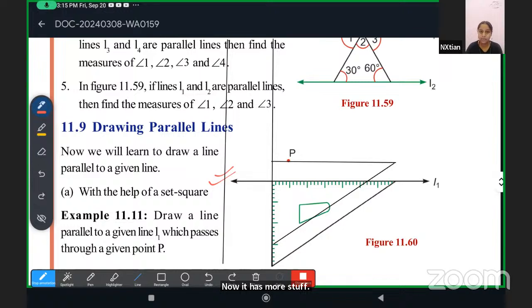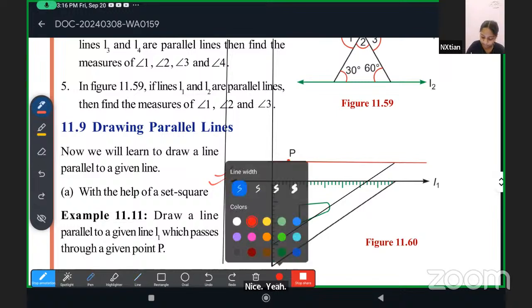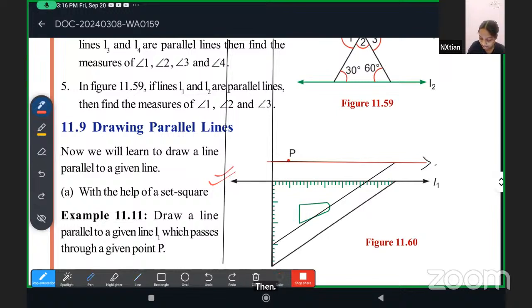Now you can see that the edge of the set square is cutting through P. From here, draw a line along the edge of the set square like this. Then it will be L2.